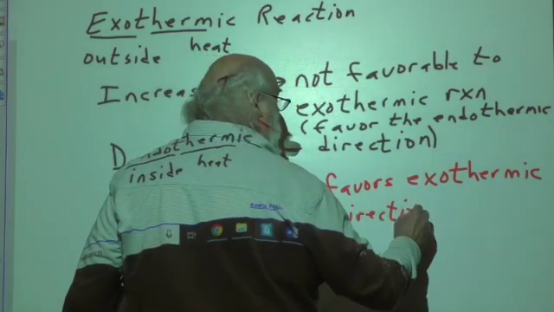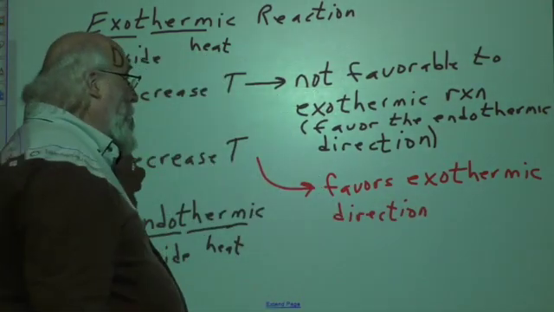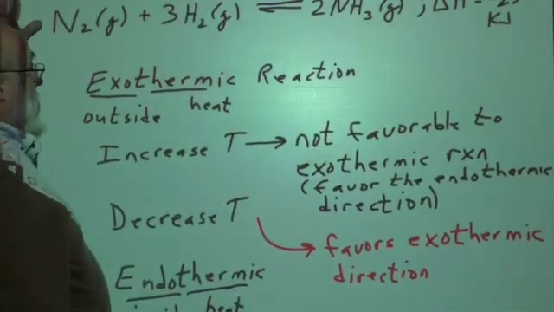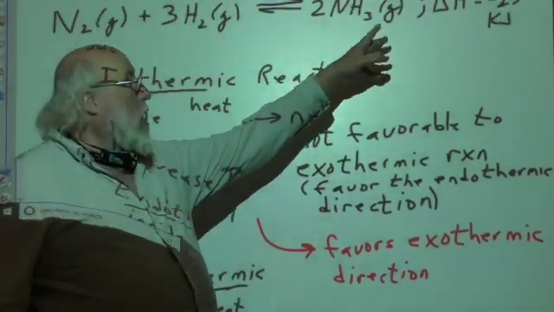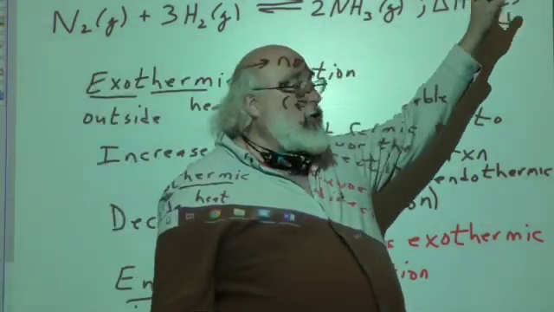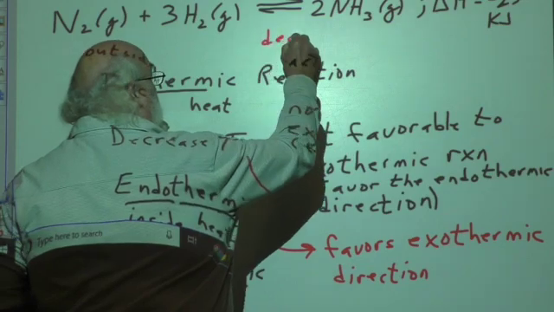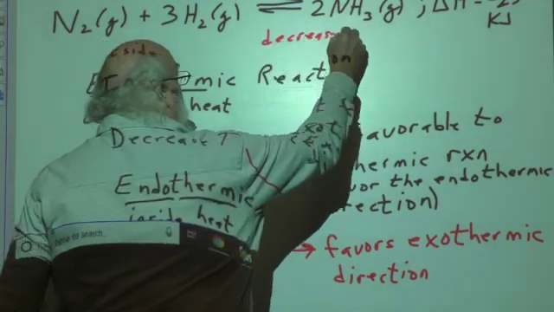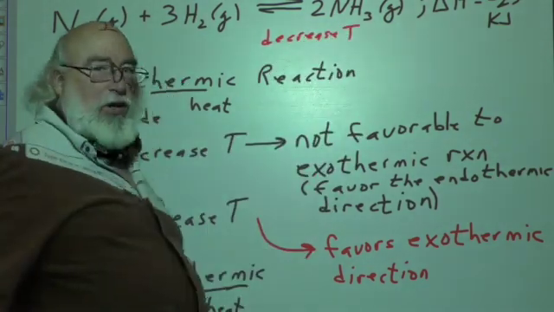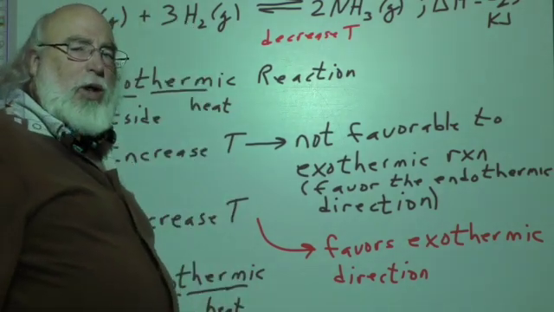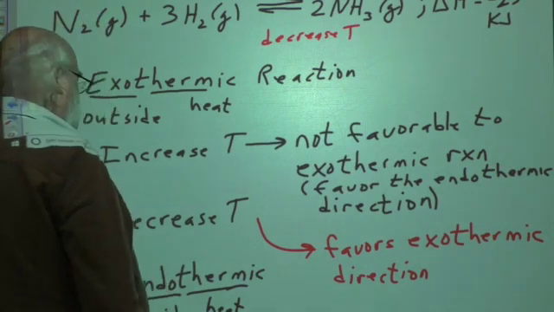So the exothermic direction is what we want, because this is an exothermic reaction. Then we're going to decrease the temperature here. And that's what he did. He ran his reactions at under 100 degrees below 0 Celsius.